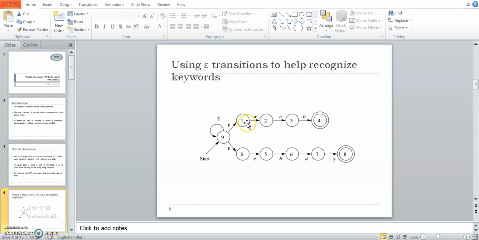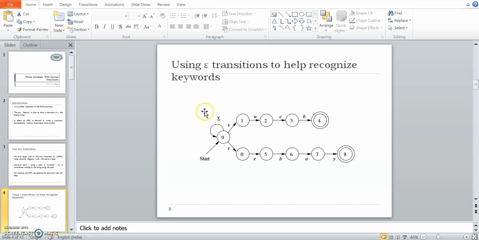And see, we are talking about web. In state 1, if I get W, I will switch the state in hope that I will read the next symbol as E. Once we read E, we move from state 2 to state 3. And again, in state 3, if I get B, I will switch to the accepting state, because we got the expected word web here.